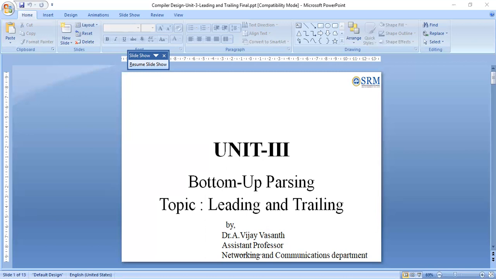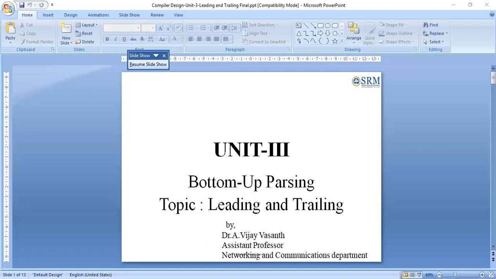After finding the leading and trailing, constructing the operator precedence parser table, and parsing the given input string. Then the final stage is computing the precedence functions and graph. So these are the 6 steps for computing operator precedence.